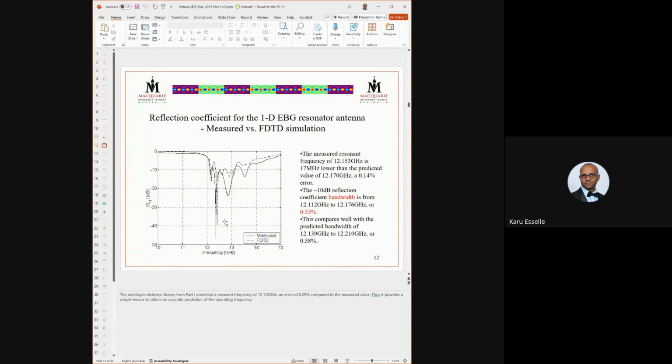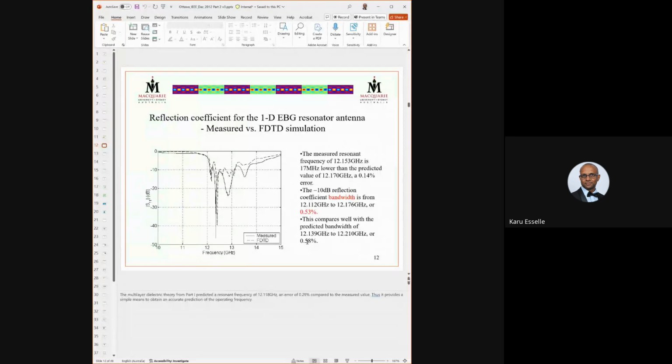And then it works. So this is the input reflection magnitude of the antenna. You can see it resonates very well, has a good reflection coefficient less than -10 dB in this band around that frequency, but it's very, very narrow band, 0.53% around that resonance frequency, and you get good gain.